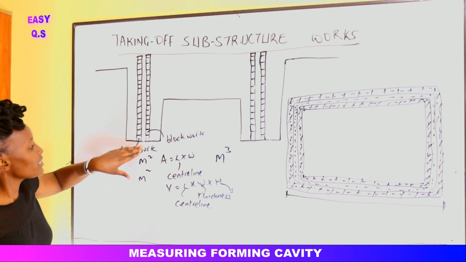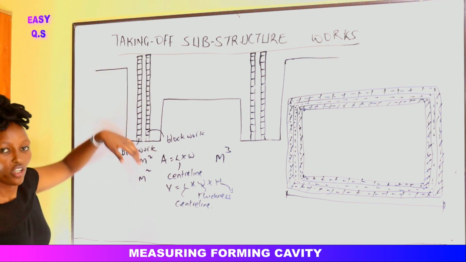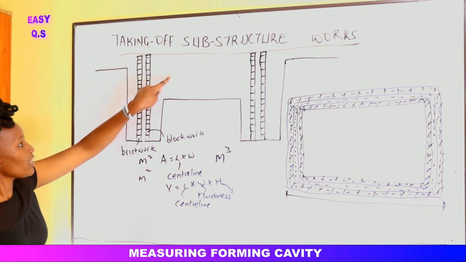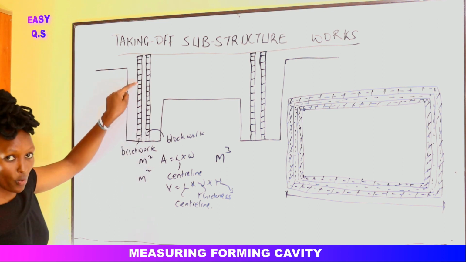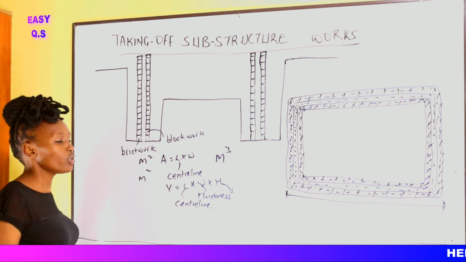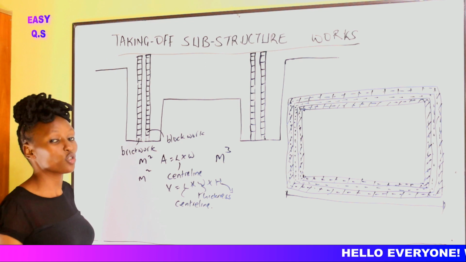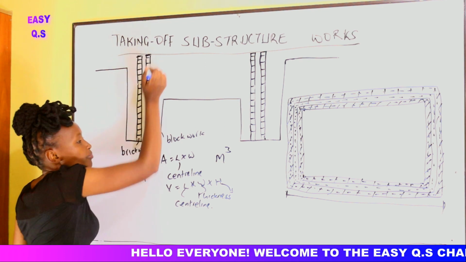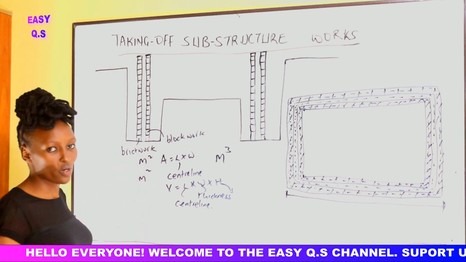The wall starts from the foundation and goes up to the top. So to prevent water from the foundations going up the building, we place the DPC on top of the wall, then we continue building the superstructure walls.